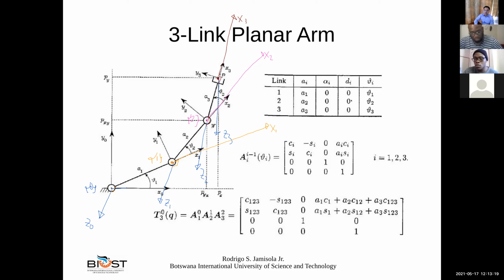Okay, now that's satisfied. And so we say that this is your frame 3. So now all frames are assigned. We are done with the first part of the DH convention, to attach the frames to each joint, including the end effector.